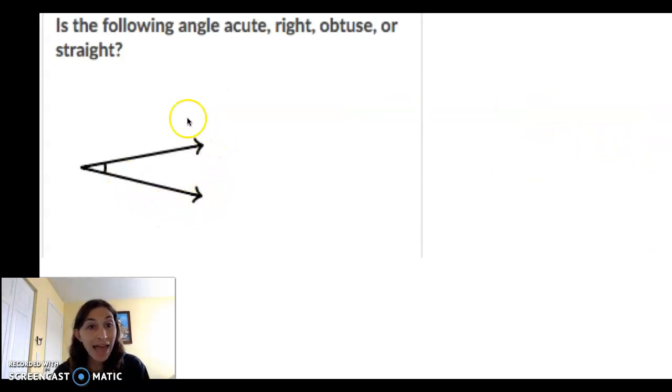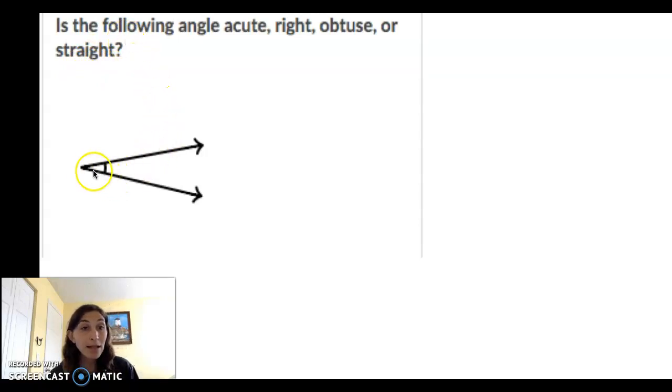So by looking at this angle here, I want to know, is it an acute angle, which is less than 90 degrees? Is it a right angle, which is 90 degrees? Is it an obtuse angle, which is more than 90 degrees? Or is it a straight angle, which basically makes a line and it is 180 degrees?